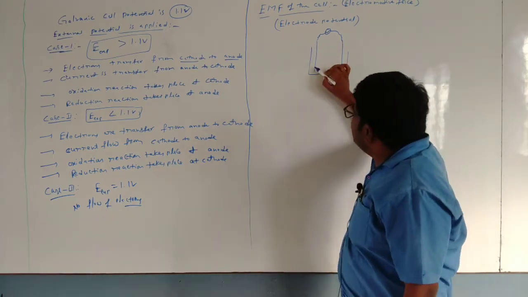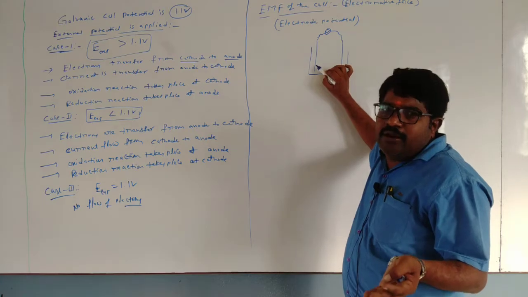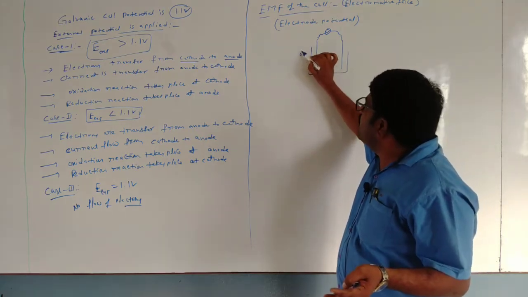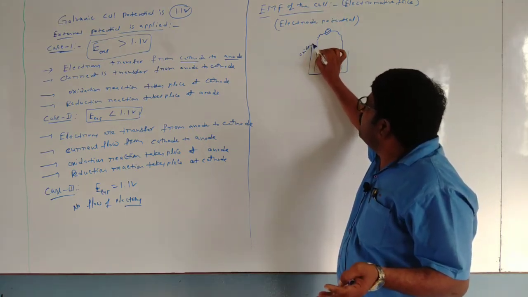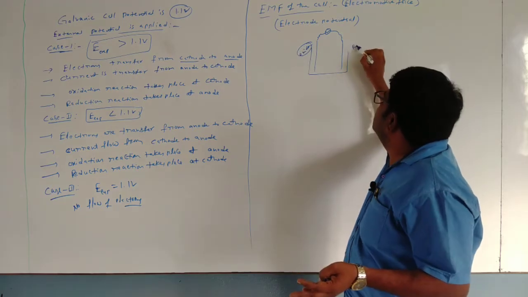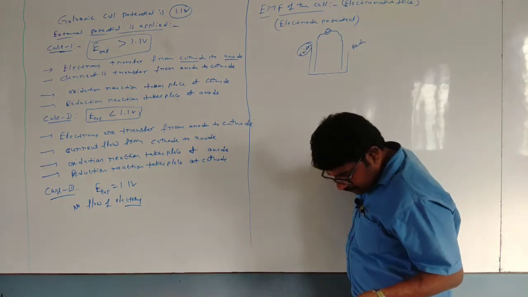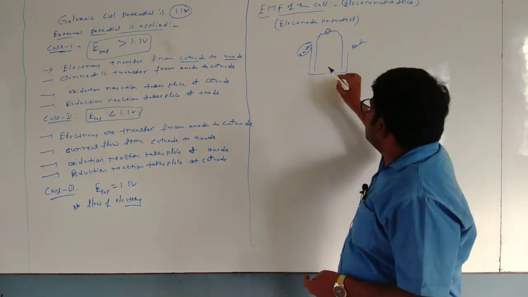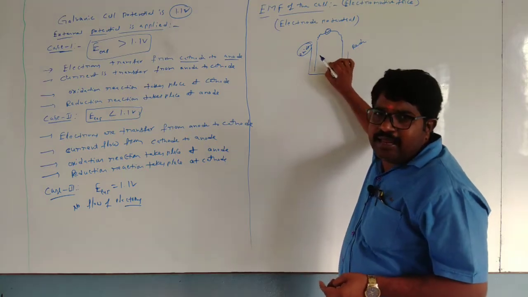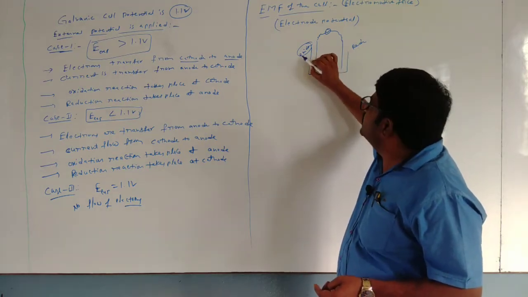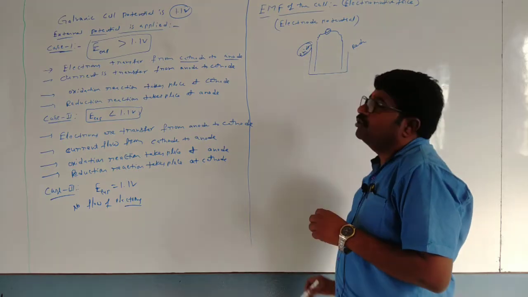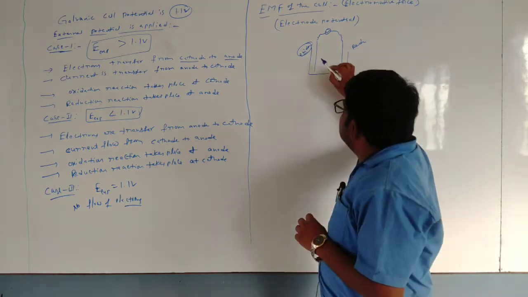So a potential is developed at the anode, due to oxidation reaction.